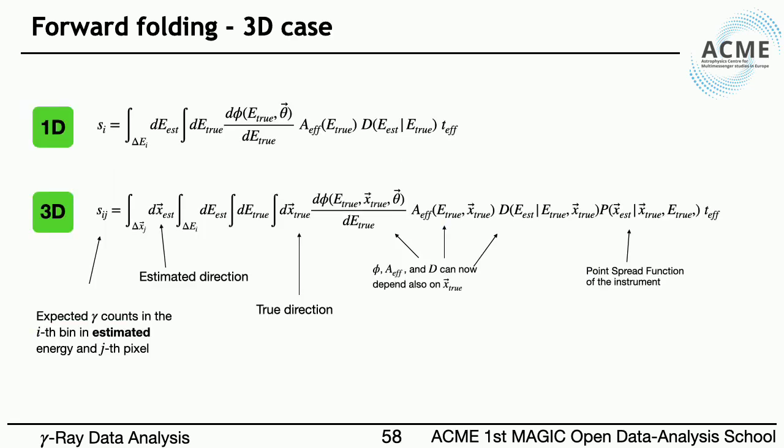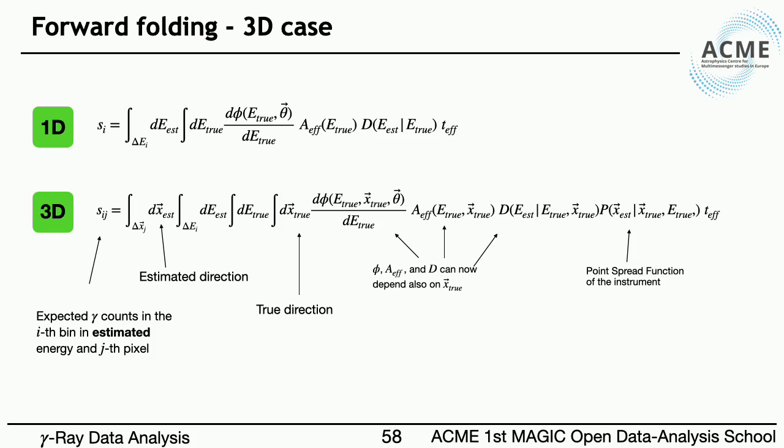Now, we can extend the same logic also to the three-dimensional analysis, where we also consider spatial bins. So on top we have the one-dimensional case that we have just discussed, where we are only interested in the energy dimension. Below, instead, we have its generalization to the three-dimensional case, where this time the expected counts are for each energy bin i, but also for each spatial pixel j.